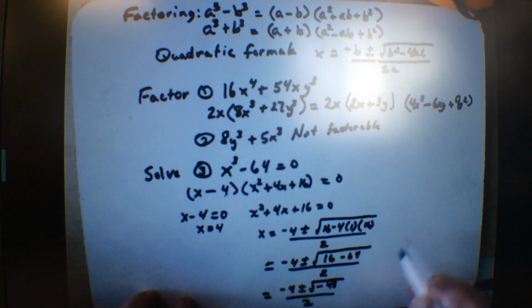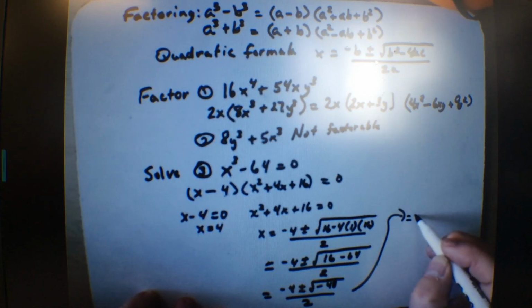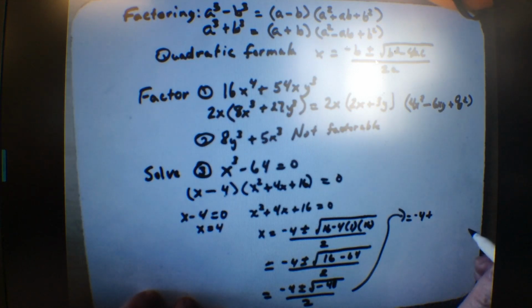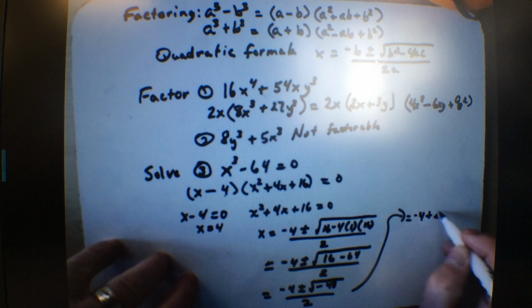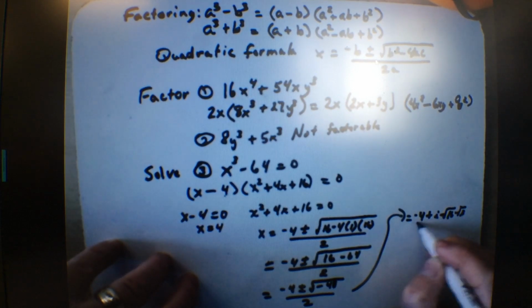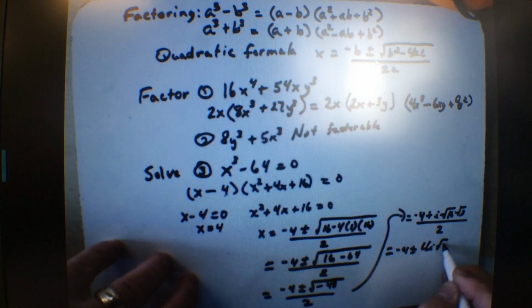Now 48, I'm going to come back over here. Is that alright? Okay, so I'm going to have a negative 4 plus or minus, I'm going to poke an eye out, right? Because it's negative, remember that? And then 16 goes into 48 how many times? 3 times. So what I have is a negative 4 plus or minus, notice I poked the eye out, 4i square root 3, all over 2.